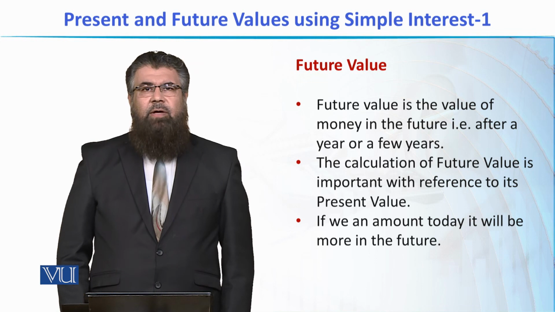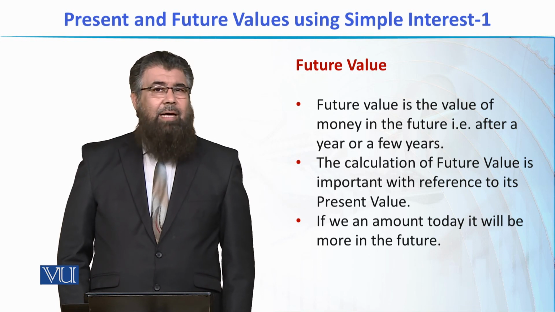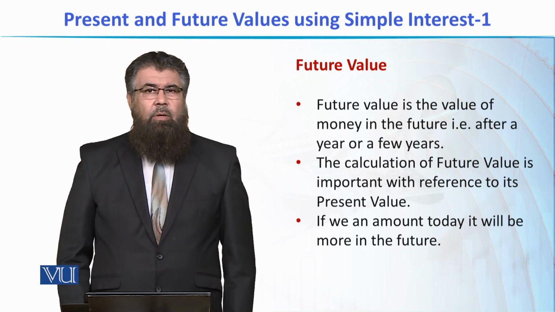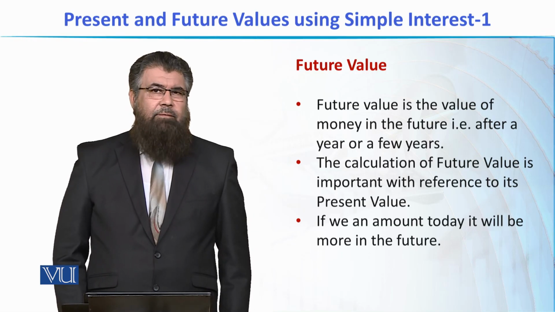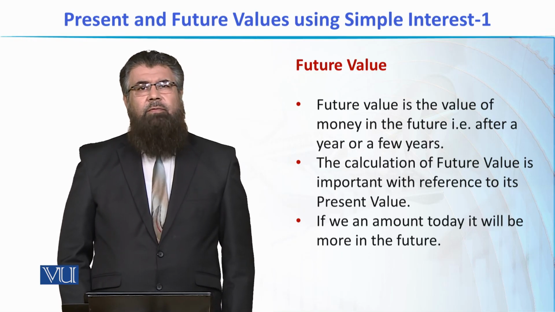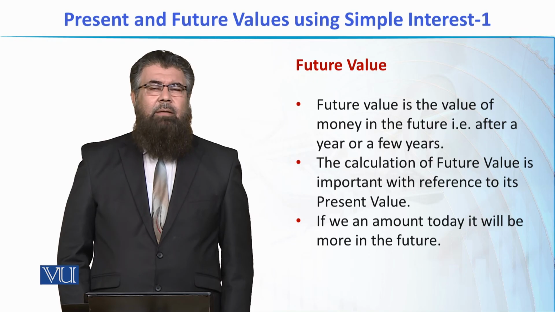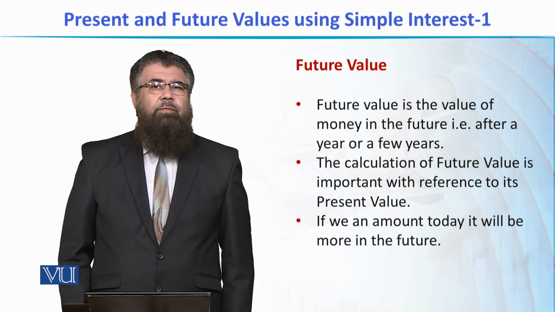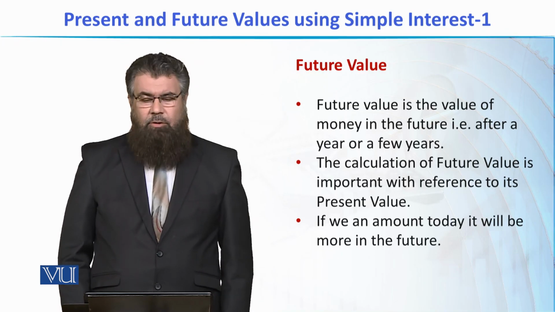And similarly, if we are given a present value, we can calculate its future value. And again, we may apply a formula which is given to us, or we can separately calculate the amount of interest, add it in the present value and see what is the future amount, which we'll practice later on.